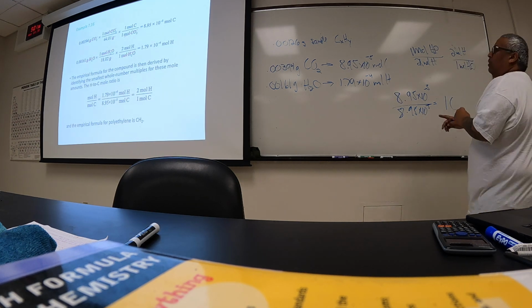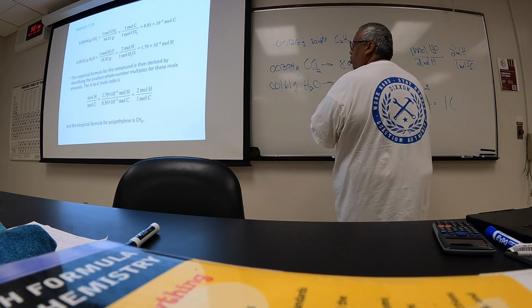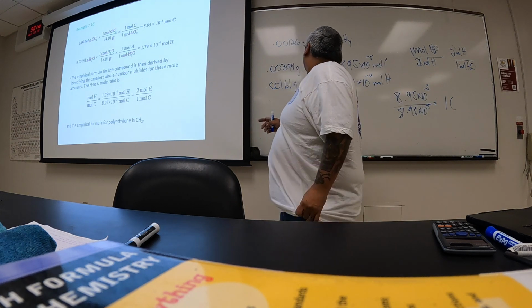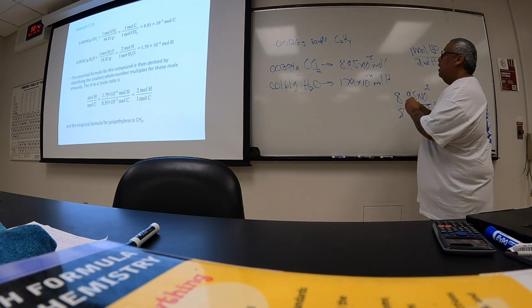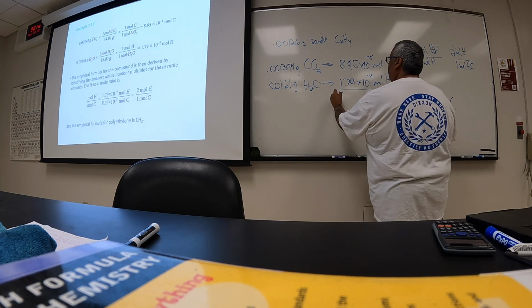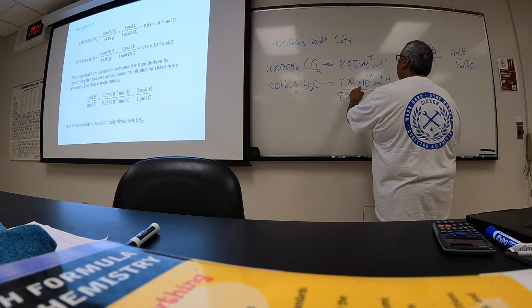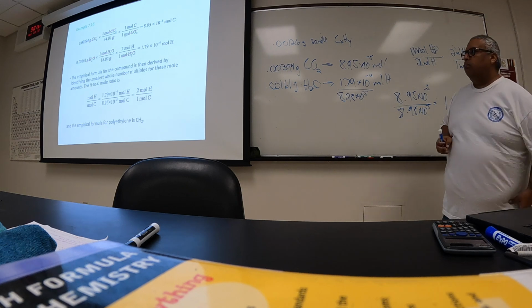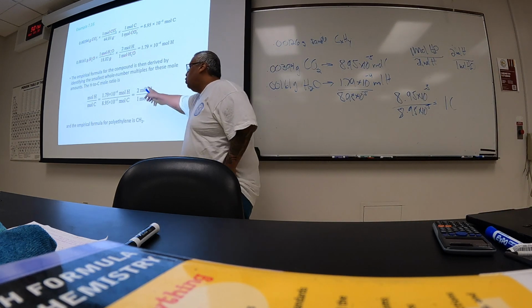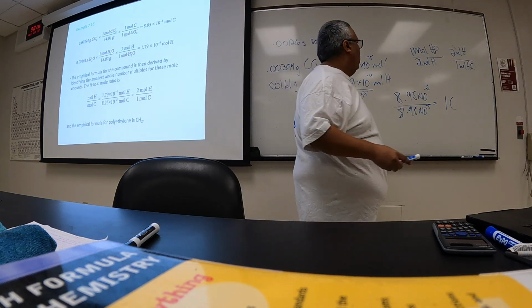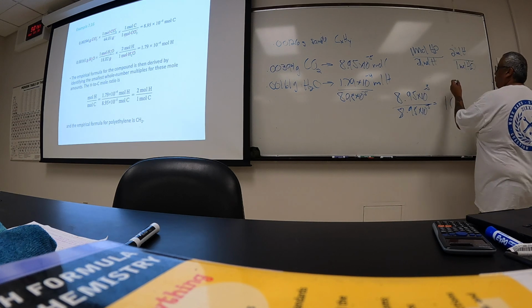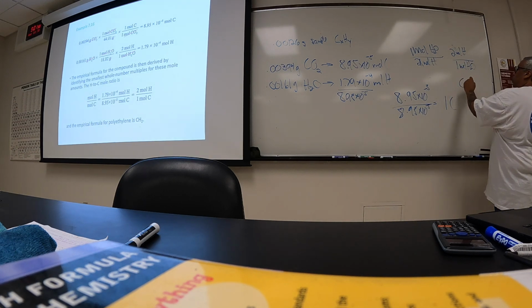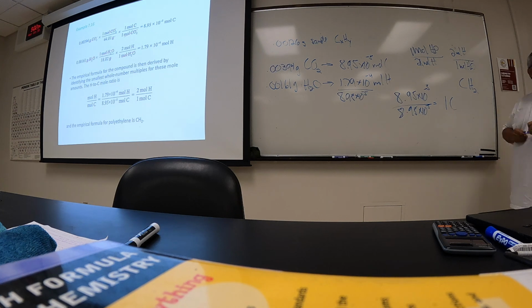For hydrogen, if I take this and divide it by the same thing, 8.95 times 10 to the minus 5, that comes out to 2. Right? So our empirical formula for polyethylene is CH2.